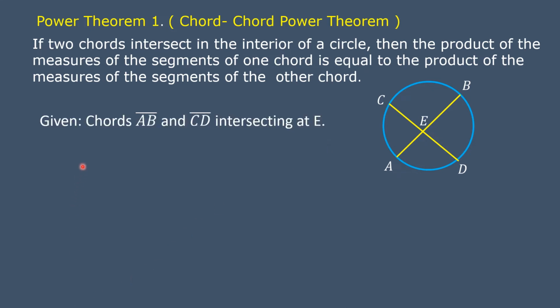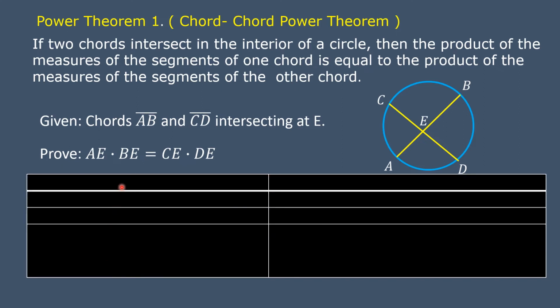For our given, we have chords AB and CD intersecting at E. Prove: AE times BE is equal to CE times DE.